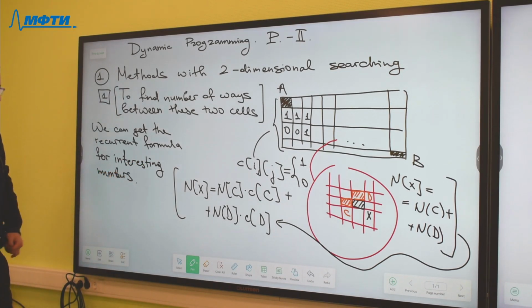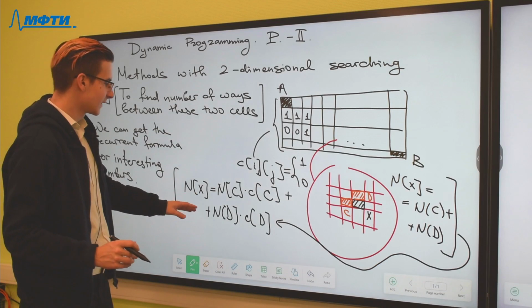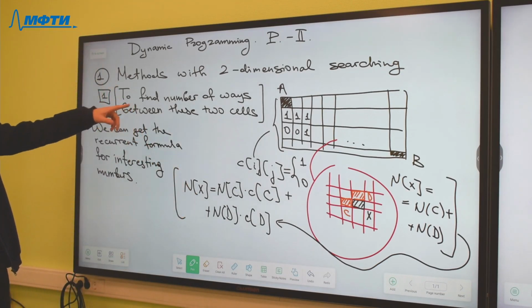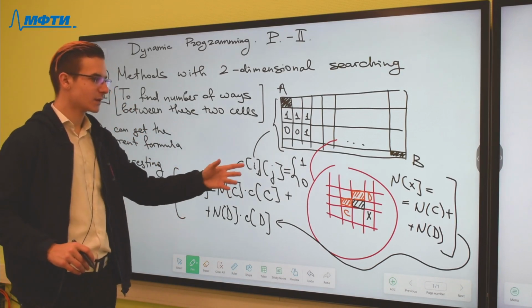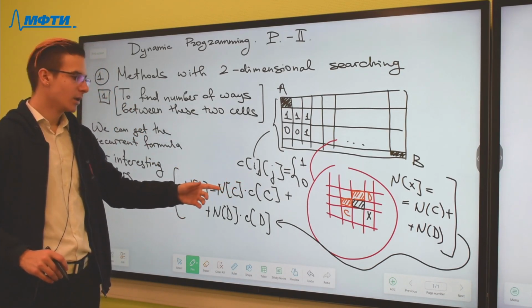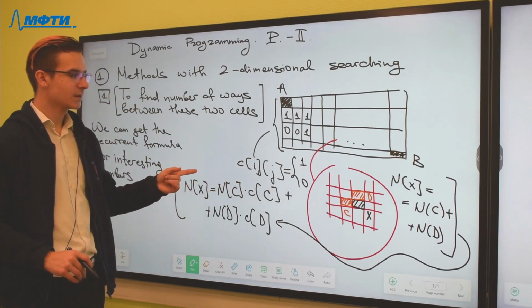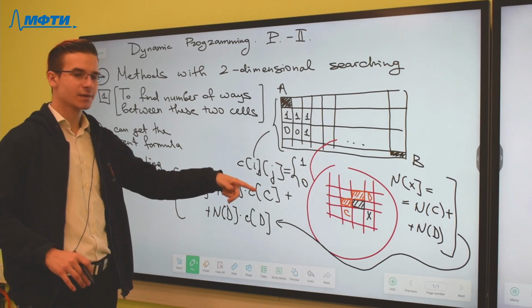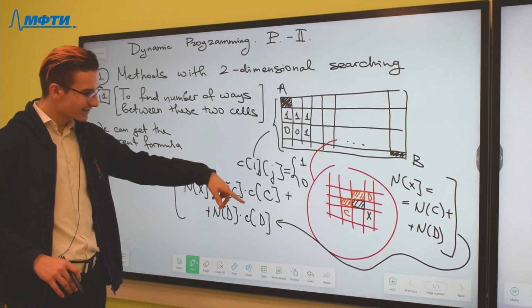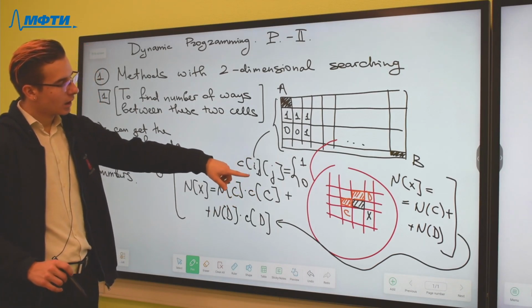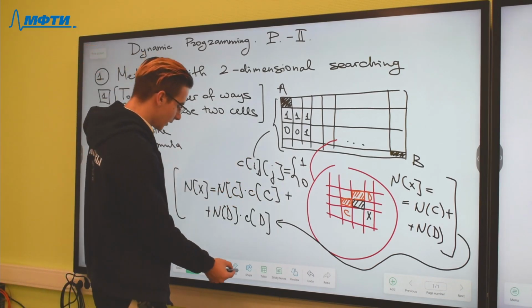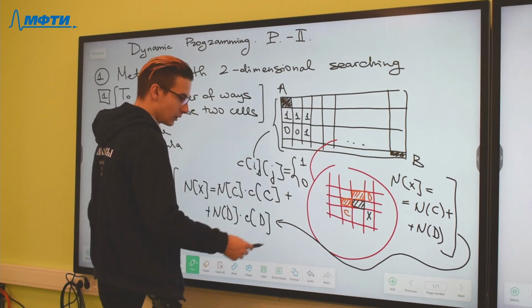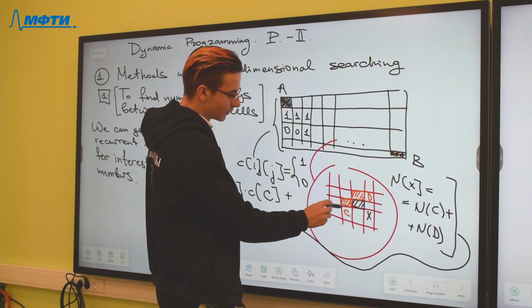And of course, we can use it to find the number of ways from A to B with a recursive algorithm. But we can see that there are a lot of subtasks that intersect, because, for example, we can find ways from A to C.